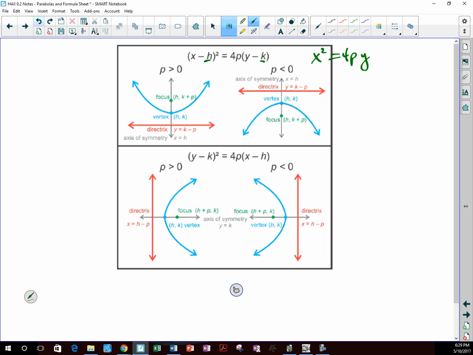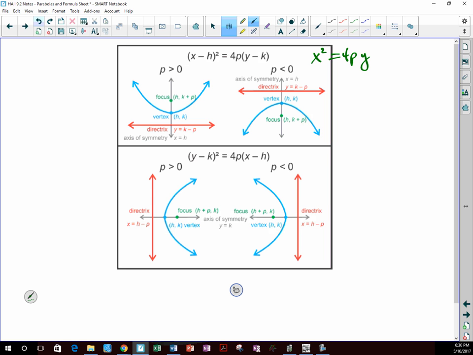If the parabola is opening left or right, as in the bottom two pictures, then we have this equation, and that equation has y squared instead of x squared. So in the top equation, we have x squared, and y is linear. And in the bottom equation, we have y squared, and x is linear.